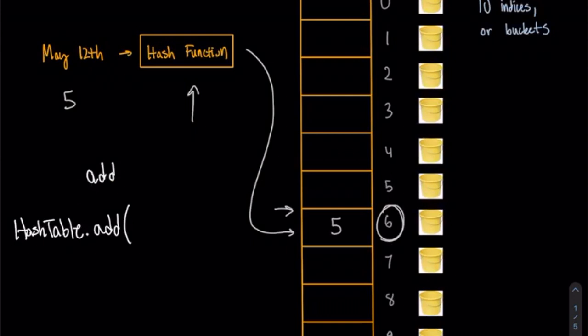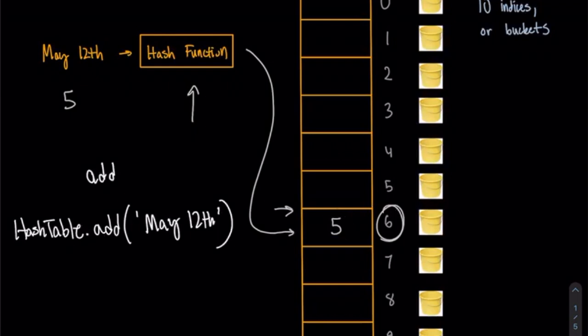And then we can say a value such as May 12th. And after we input May 12th, we're going to be able to successfully add the corresponding value for the key, which is 5 for May 12th, into the correct index.